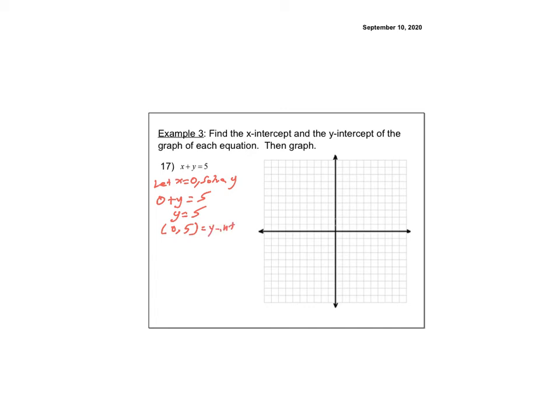So 1, 2, 3, 4, 5. And then we can go the other way. We can let y equals 0 and solve for x. So this time we're trying to find the x-intercept. So now it's going to be x plus 0 equals 5.